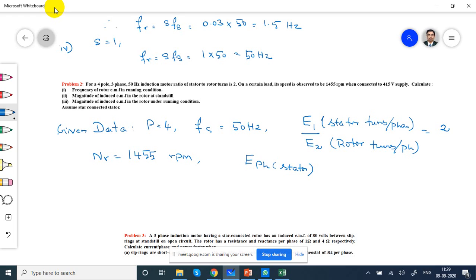E phase is nothing but E1. E1 phase is equal to 415 volt, okay. Now solution.